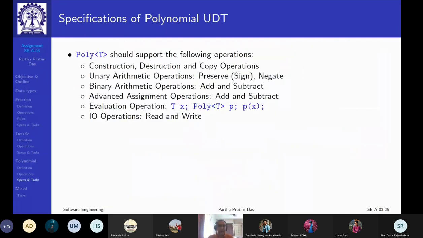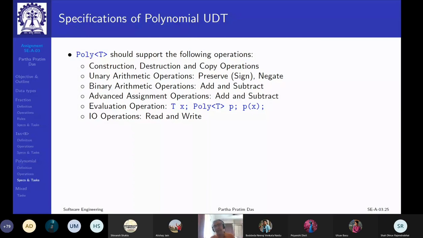So with that, the specification of the polynomial T should support construction, destruction, copy operation, preserving sign, negate, binary arithmetic of add and subtract. For simplicity, I've not included multiplication and division because polynomial division particularly is a relatively complex operation.